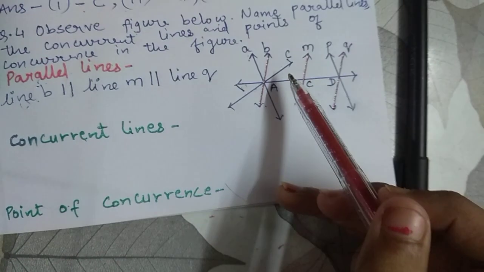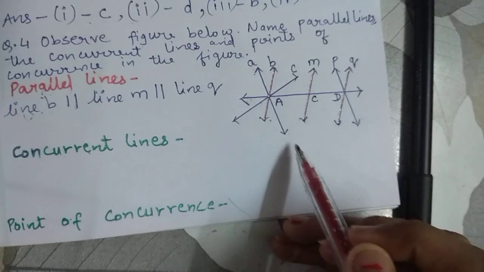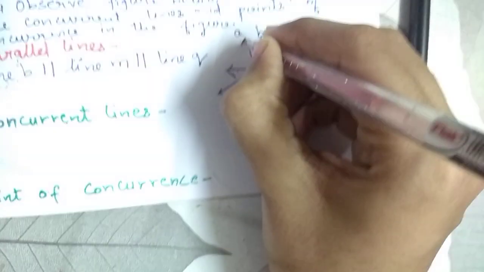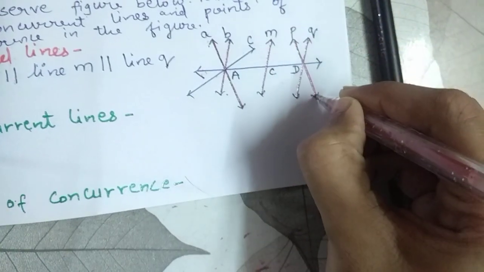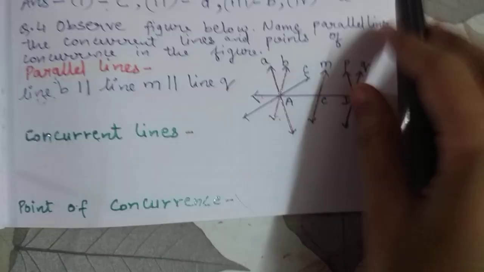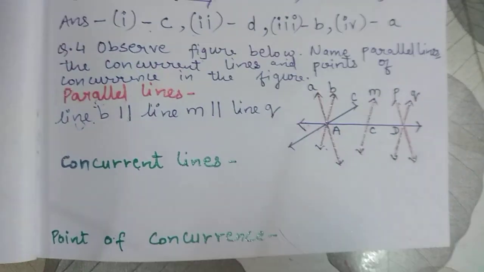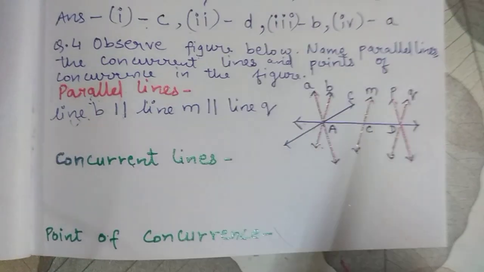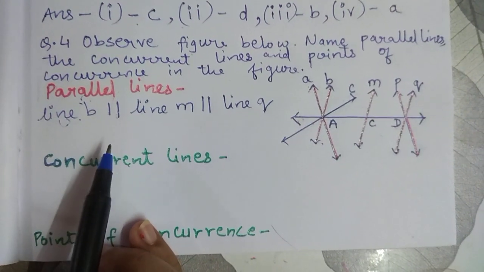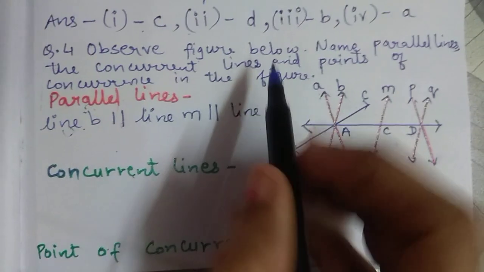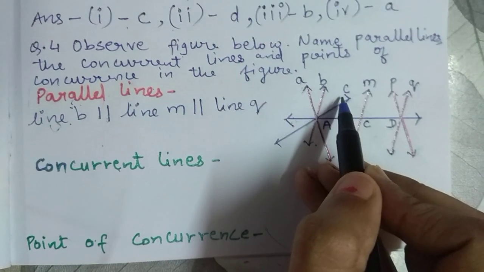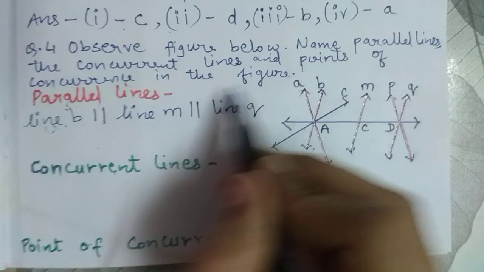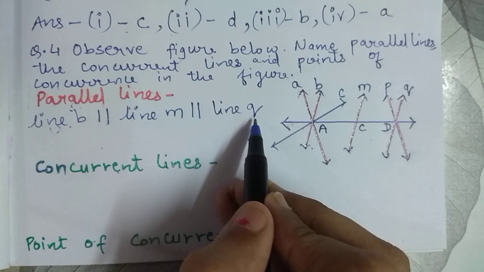So what are the remaining lines? Yes, A and P. So line A and line P, they are parallel to each other. Now remember in question number 1, when we have more than one set, what we will do, we will write that onto next line, because if you continue here, it will become that A and P are also parallel to this line, which is not correct.